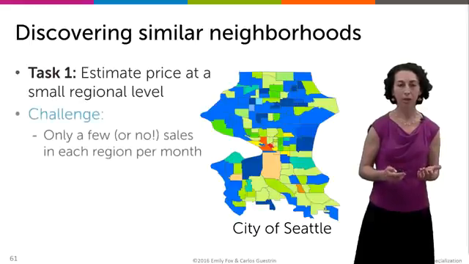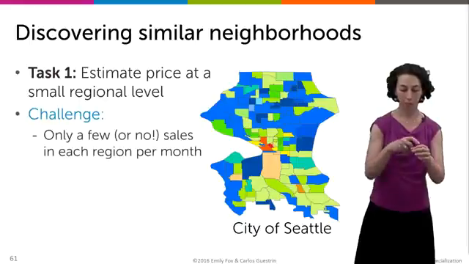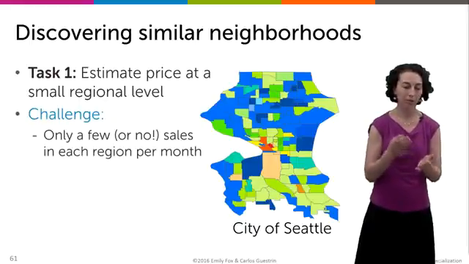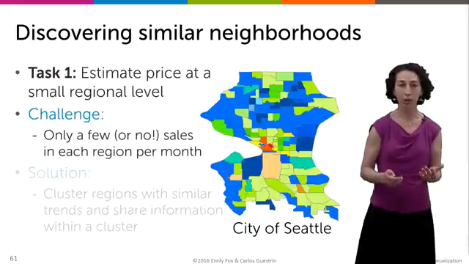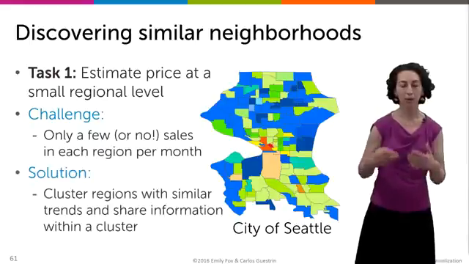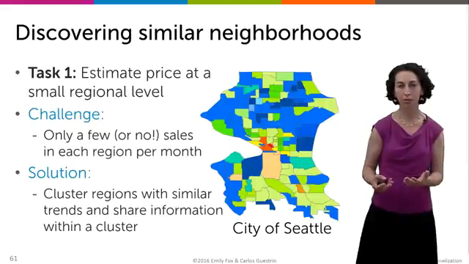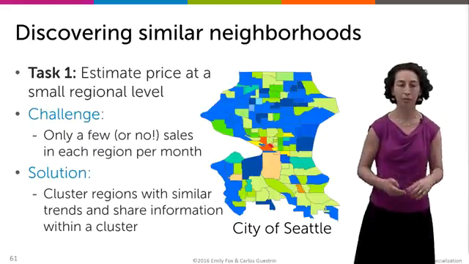But an issue here is the fact that there are very few house sales per region at any given point in time, and we want to be able to assess the value in that region. So how do we do it if there isn't much data? Well, one thing we can think about doing is discover clusters of regions that historically have behaved similarly. And if we discover this clustering of regions, we can think about sharing information between these regions, pooling their observations to form better estimates of value locally.